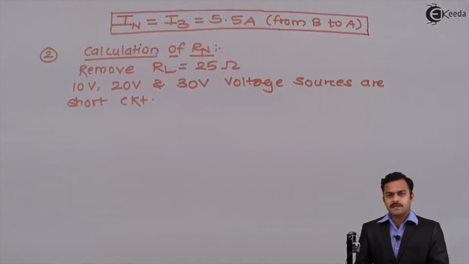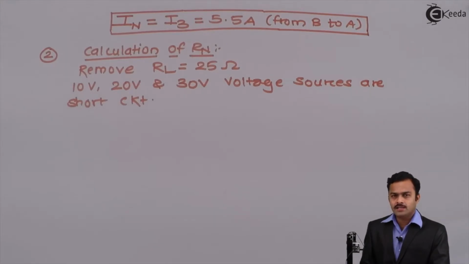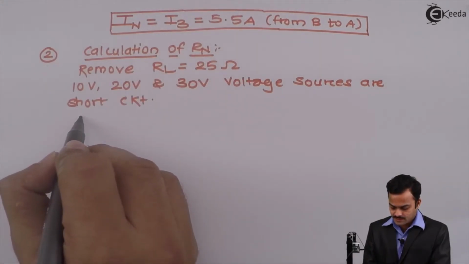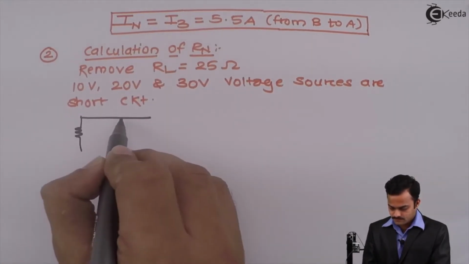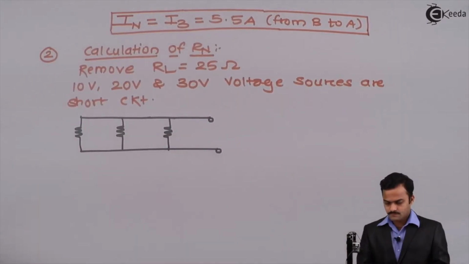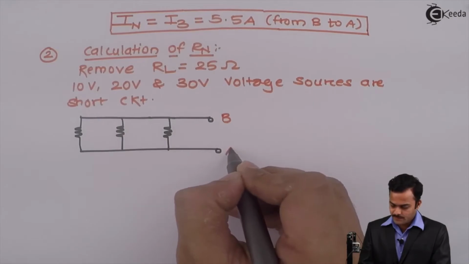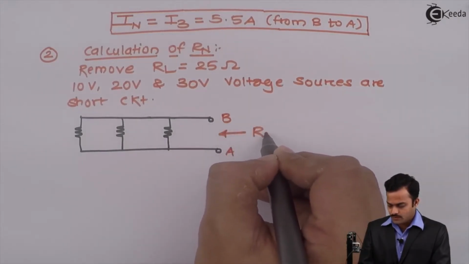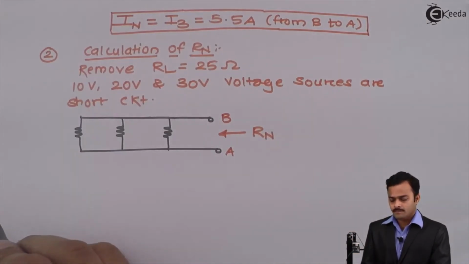And if current source is present in a circuit, we need to replace it by open circuit. But in this problem, we are not having any current source present. So if I consider these modifications, I will get structure like this. So these are the terminals B and A, across which we have to find out Norton's resistance Rn.